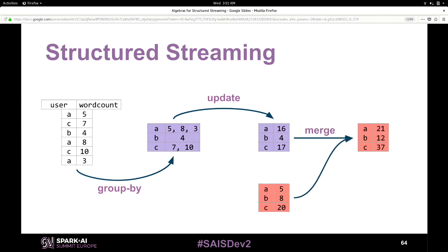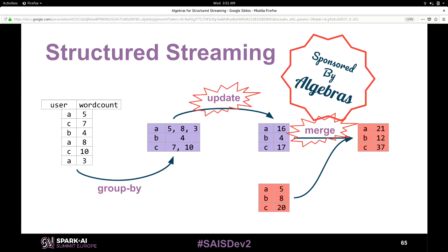And then you take those partial results and you merge them in with your accumulating aggregation that you're actually going to return as the result. So as we just saw, these update and merge are part of a kind of algebra, and so in a very real sense, structured streaming is powered by algebras.